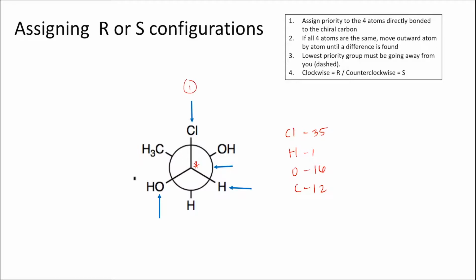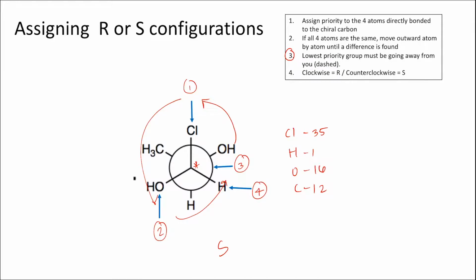Based on these weights, chlorine is the first priority group, oxygen is the second, carbon is the third, hydrogen is the fourth. Draw arrows to indicate rotation. In this case, the rotation is counterclockwise, indicating S configuration.